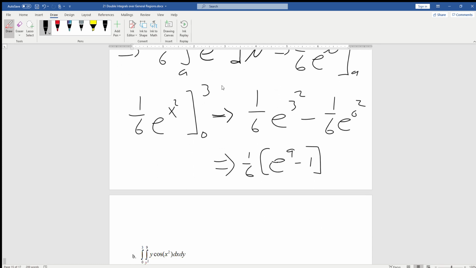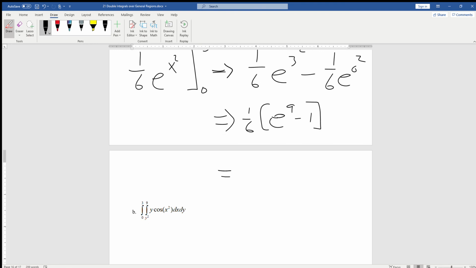Or we could just move that 1/6 to the denominator, and we end up with e to the 9th minus 1 over 6.